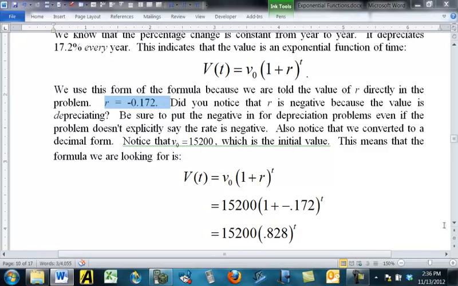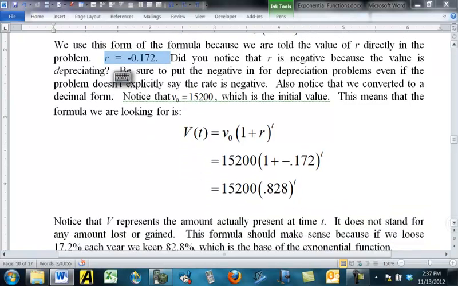Now this ought to make sense to you, because if you're losing 17.2% per year, you're retaining 82.8%, and v is the actual value, what we've retained, and so each year we're multiplying by 0.828 to get the value of the next year.